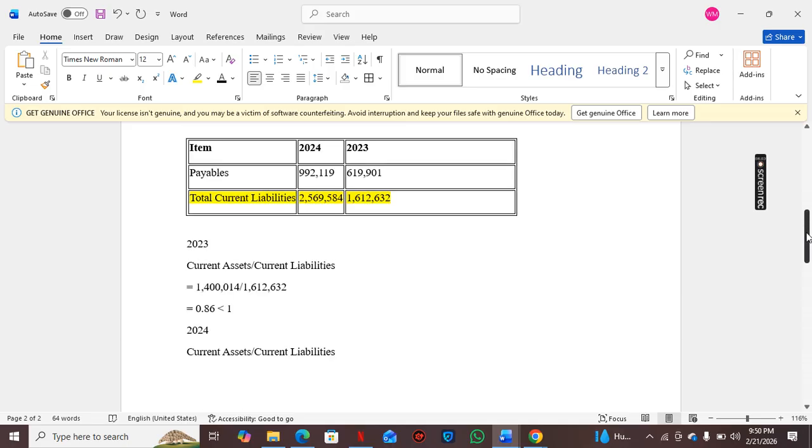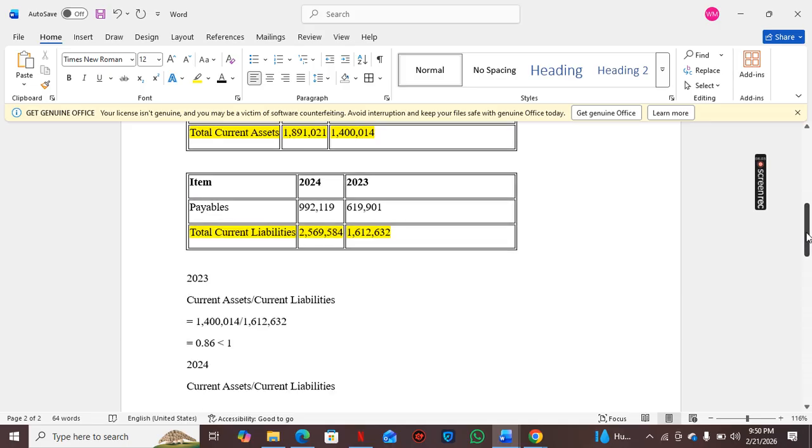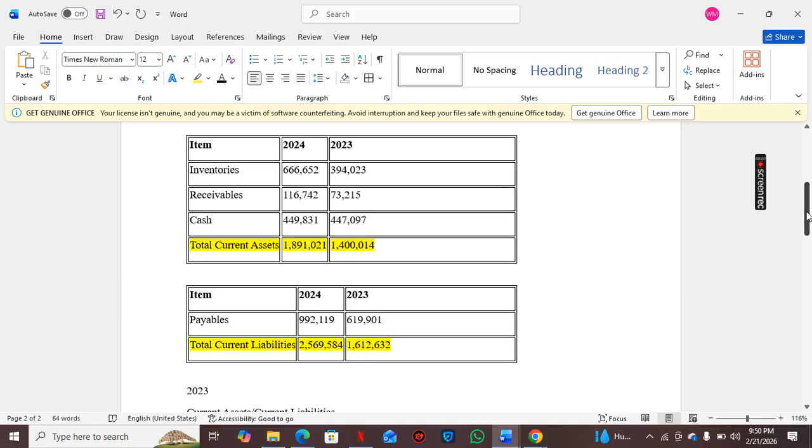Next we're going to look at the quick ratio. It's just similar to the current ratio, but this time we're excluding inventory. We're asking, can our other current assets, our quick assets, the ones that can be easily converted into cash, be used to pay the liabilities?